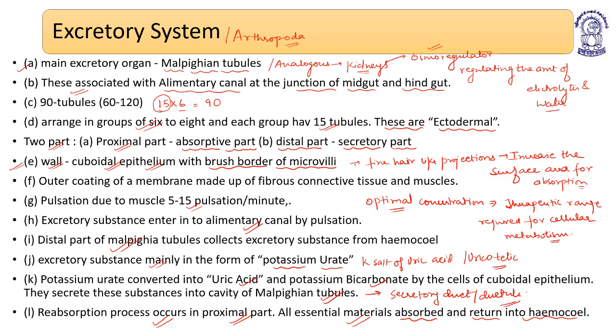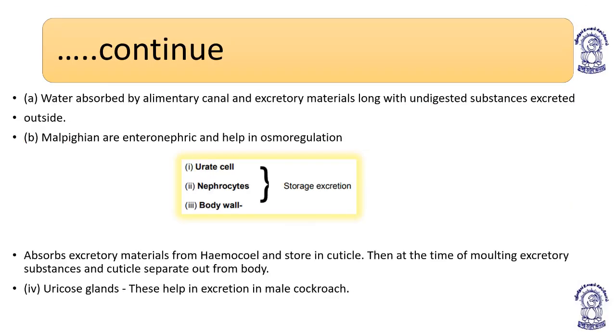The elimination of nitrogenous waste is done in the form of uric acid or potassium urate. Potassium urate is converted into uric acid and potassium bicarbonate by the cells of the cuboidal epithelium. Reabsorption is done by the proximal part. Now, coming to water. Water is reabsorbed by the alimentary canal, and the excretory materials along with undigested substances are excreted outside.